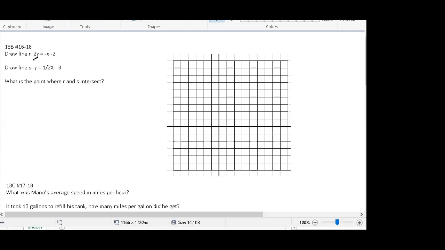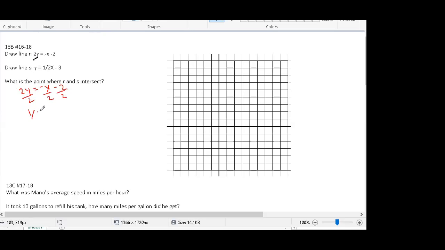So you need to make sure that you change it. If we divide everything by that 2, then y will be by itself, and this equation will be in slope-intercept form.